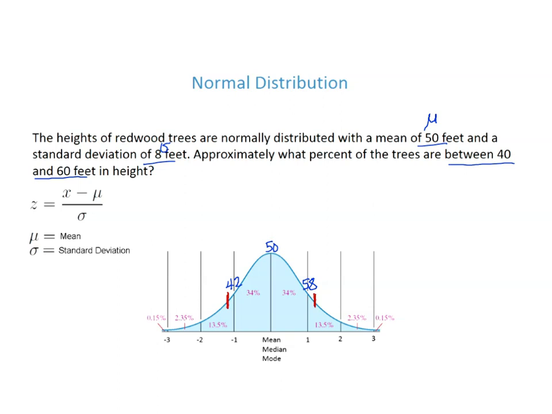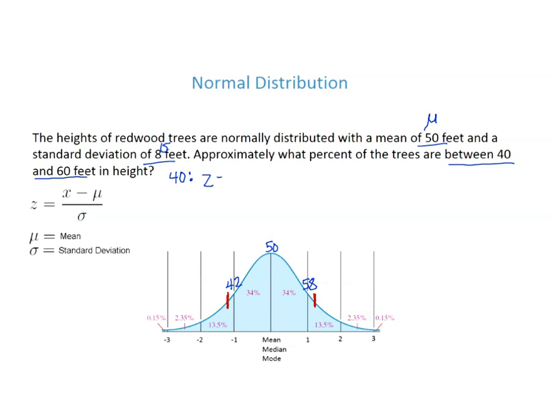But in order to find those values exactly, we're going to find a z-score for each one. So this z-score should be about -1 point something, and this z-score should be +1 point something. But let's figure out what the exact z-score is. Let's do the z-score for 40 first.